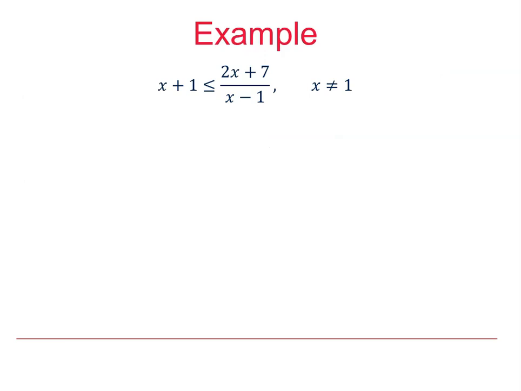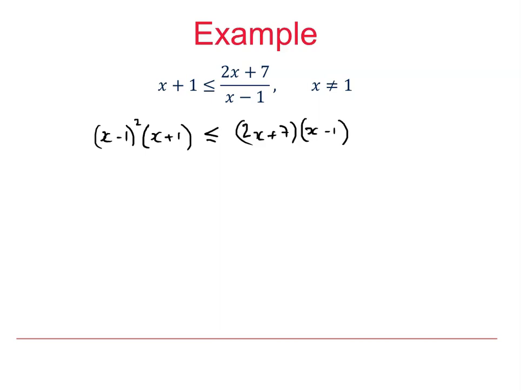And we know that for all values of x this is going to be positive. So what we're going to do here then is to multiply by x minus 1 squared. So the left hand side becomes x minus 1 all squared multiplied by x plus 1. Then we have less than or equal to 2x plus 7 multiplied by x minus 1.